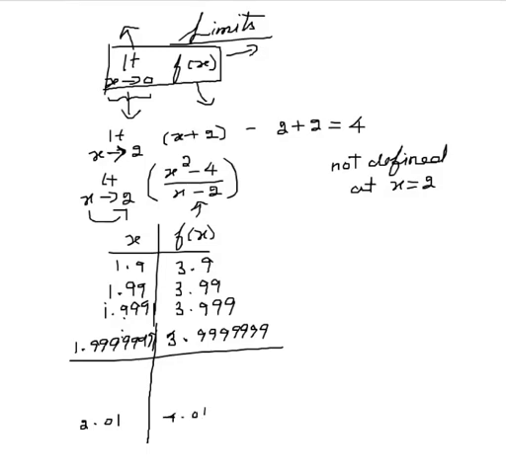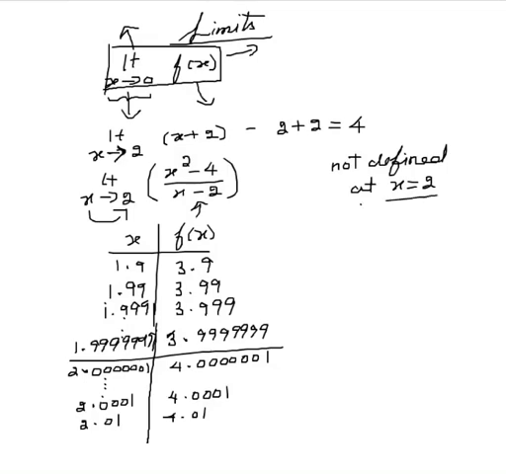The answer will be 4.01. 2.0001 will give you 4.0001. As we approach 2 from the right hand side of 2, the value here is 4.